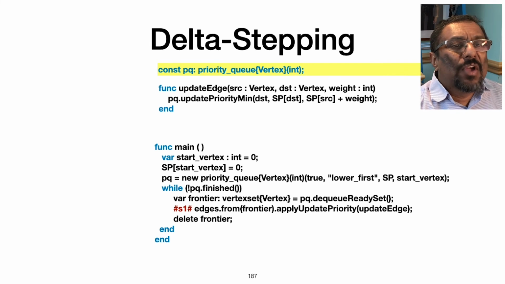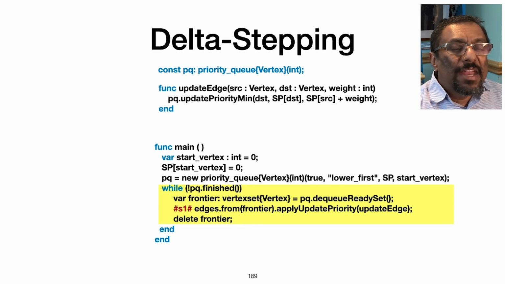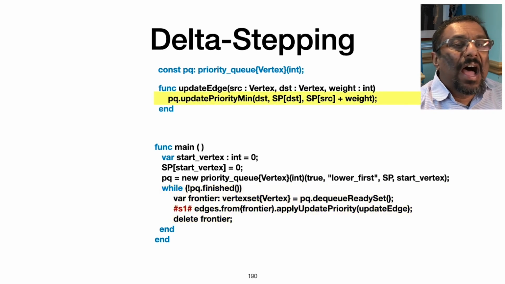To do delta stepping, you first define a priority queue and initialize it. Then in the normal iteration, you check whether there are any nodes in the priority queue, take the current highest priority vertices out, and only that frontier gets processed each iteration, and then you update the priorities. In the update edge function, we update the priorities given the current priority, so the next time around we'll have some new priorities.